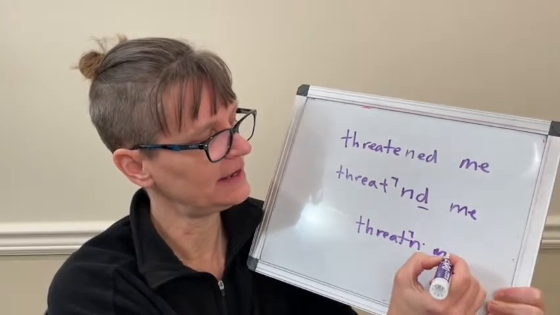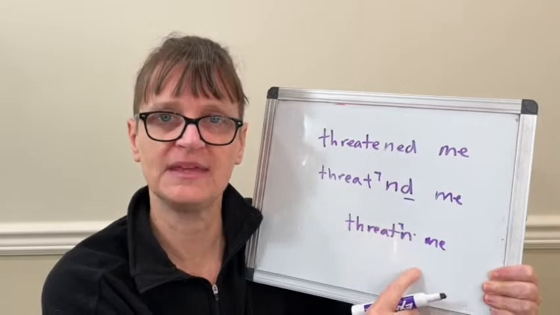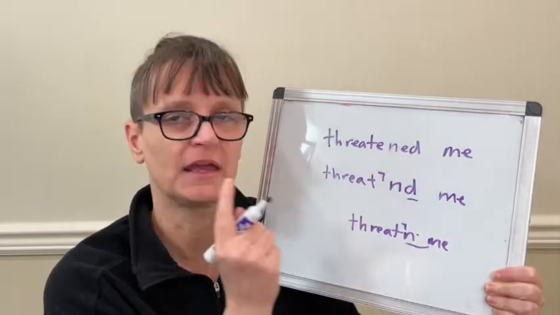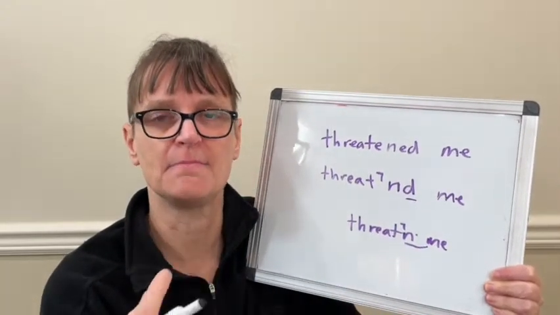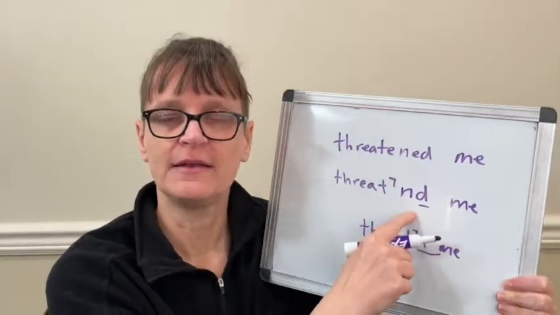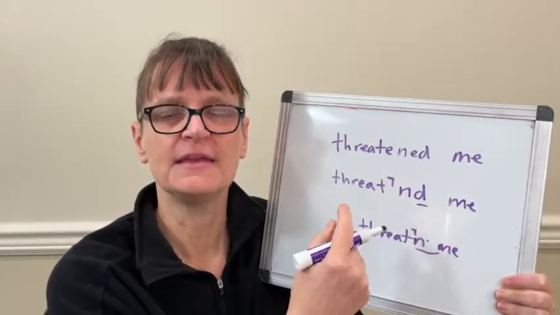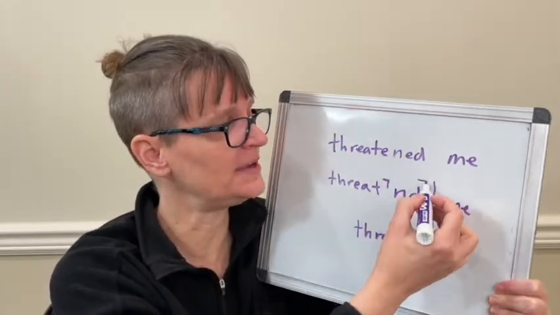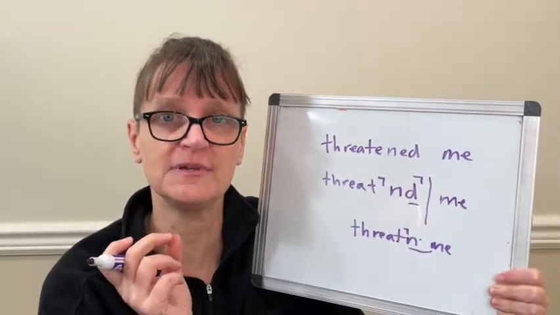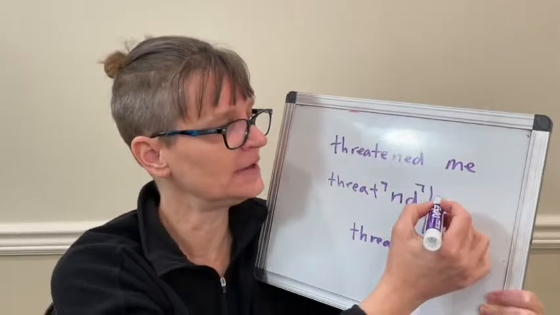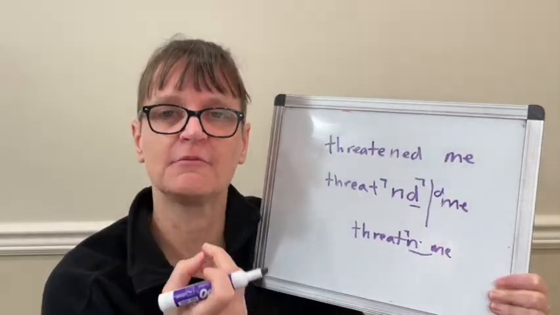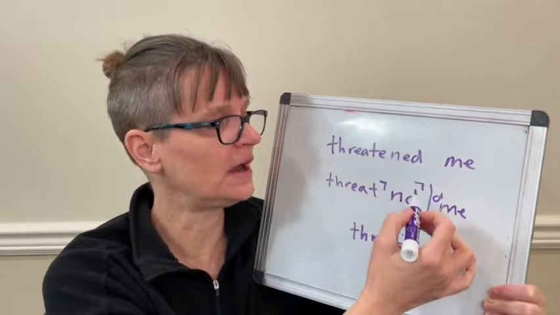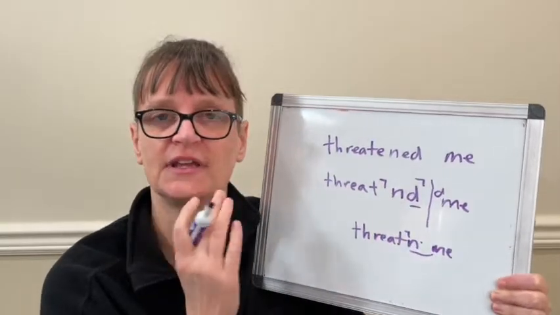Threaten me. Don't threaten me. I'm going to have a flowing n to m. Don't threaten me. He threatened me. Threatened me. You can hear how it doesn't flow. There's an interruption. So I'm either going to use that D, threatened me, and you're going to hear me, or I'm going to not release that D, and you're going to hear that there's a break.